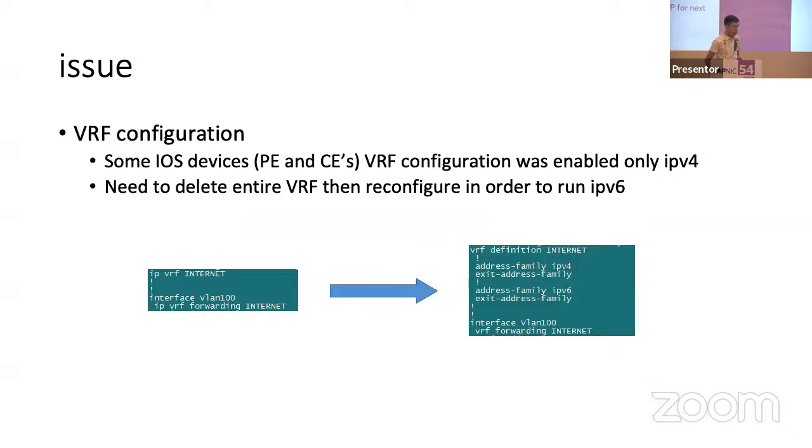Then we have some issues we have faced. Some PE and P routers were already configured with this command, which means this virtual router cannot support IPv6, so we needed to delete and reconfigure that VRF in order to run IPv6. Then we reconfigured this command and enabled the IPv6 address family on this virtual router.